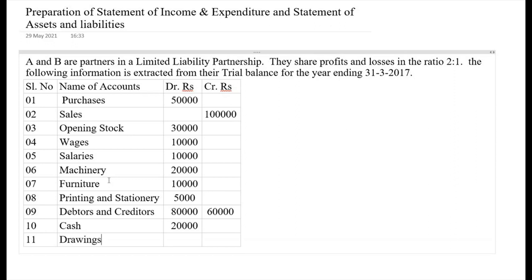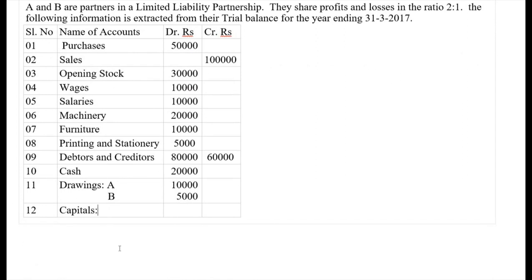drawings A, B. So A's drawings are amounted to 10,000, B 5,000, then capitals, A, B. So A's capital balance is 50,000 and whereas B's capital balance is 40,000.